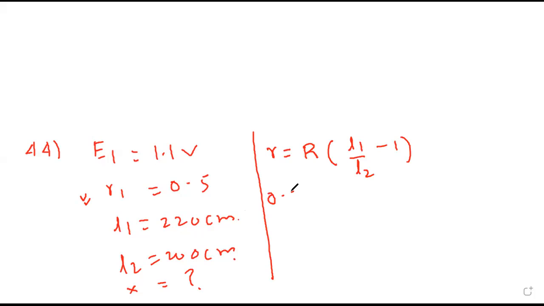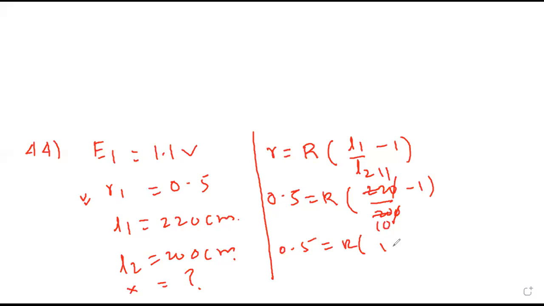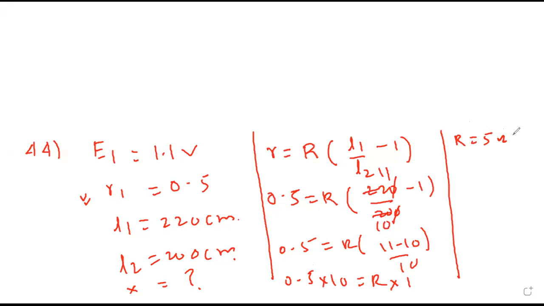So 0.5 equals R into 220 upon 200 minus 1, 2 into 11, 2 into 10. 0.5 is R into 11 minus 10 upon 10. So 0.5 into 10 is R into 1. Therefore, R equals 5 ohm.